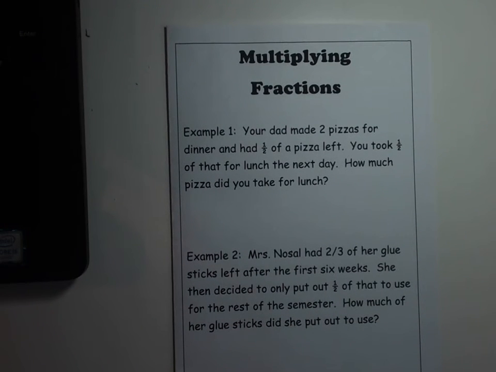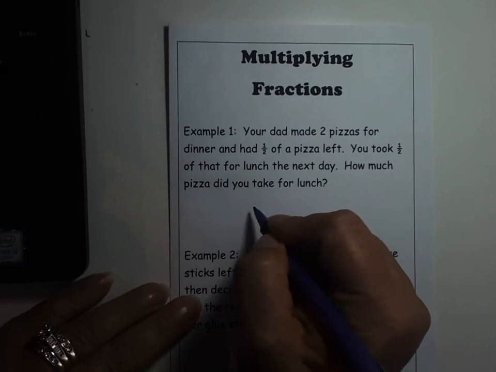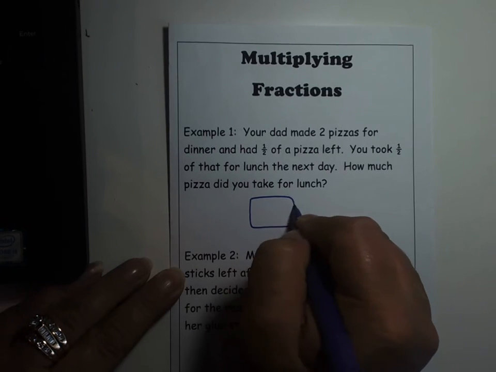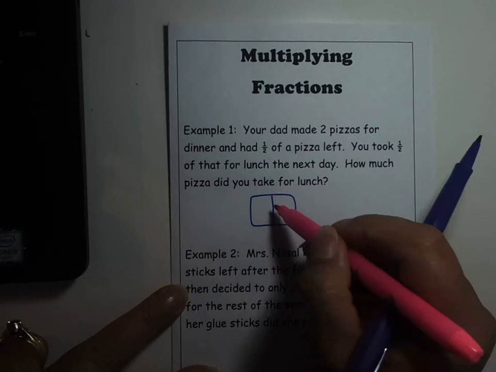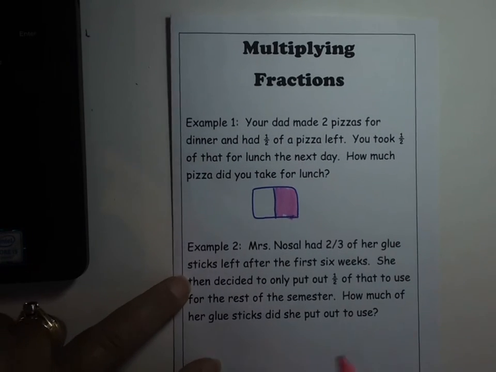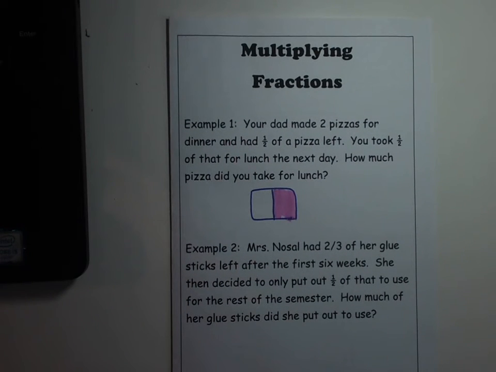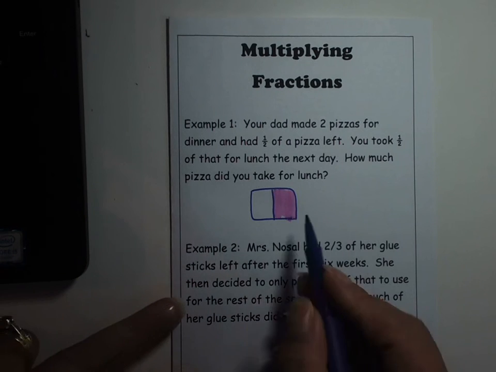Your dad made 2 pizzas for dinner and had half of a pizza left. So Dad made a square pizza, and Dad had half a pink pizza left. You took half of that for lunch the next day.